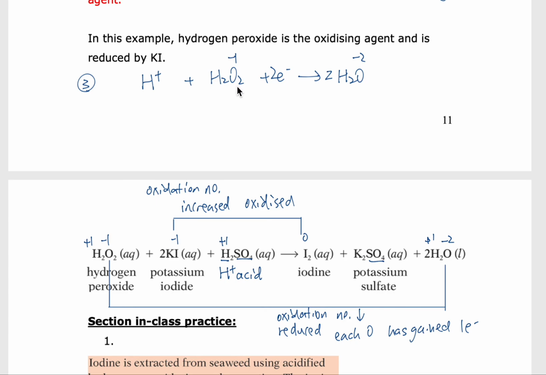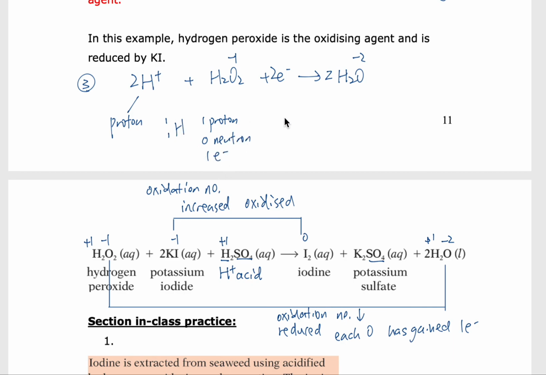Lastly, balancing the charges. We have no charge on the right-hand side. To neutralize the charge, we need 2 hydrogen ions over here. Sometimes, for simplicity, we don't call it hydrogen ion. We can also refer to this as a proton, because think about it, a hydrogen atom is carrying 1 proton and no neutron, and 1 electron.